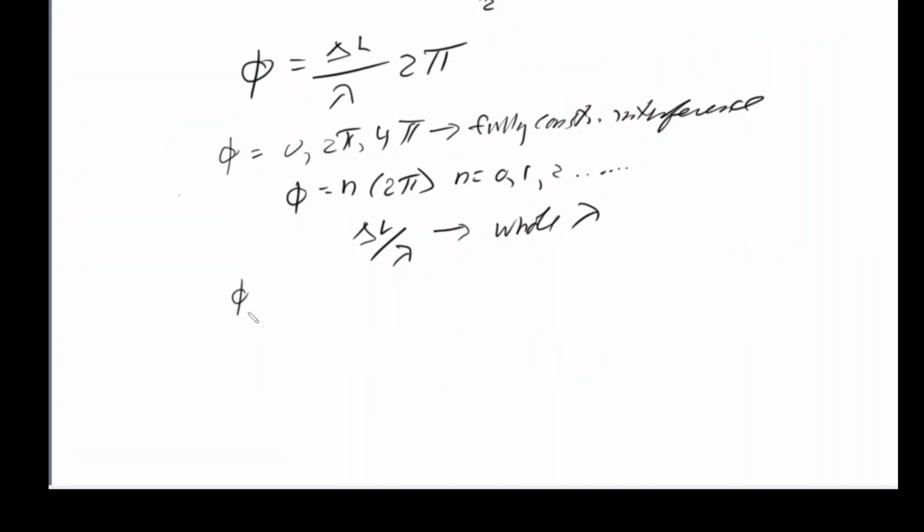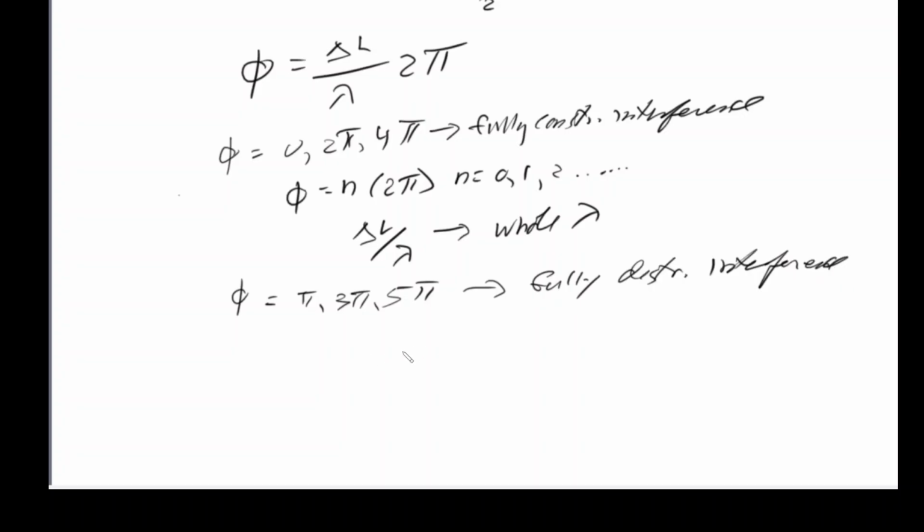Now, if phi would turn out to be pi, 3 pi, 5 pi, etc., okay, then they are half a wavelength out of phase, and you get fully destructive interference.